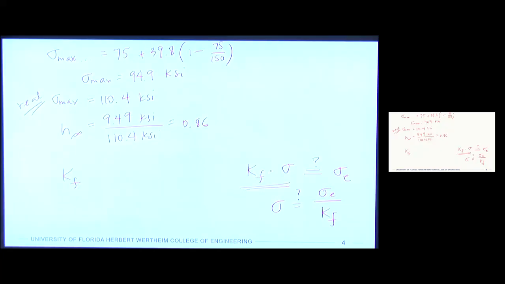Something from the SN diagram, in this case, maybe endurance limit. So in that case, it's a strength reduction factor. So if you see that notation or something like that, that's the conceptual way that that comes about. And so we're going to use that to modify our endurance limit. And so we're going to draw a different plot along with our sort of mock-up of the initial SN diagram, and then we'll see what this gets us in terms of seeing what the lifetime of this part will be.